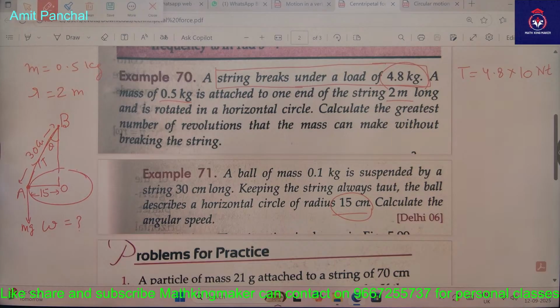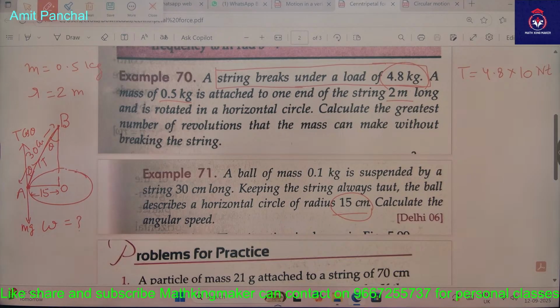And what force is keeping it intact to make it a circle? If this is T, the horizontal component of the tension is T sin theta and the vertical component is T cos theta, because this will be theta.